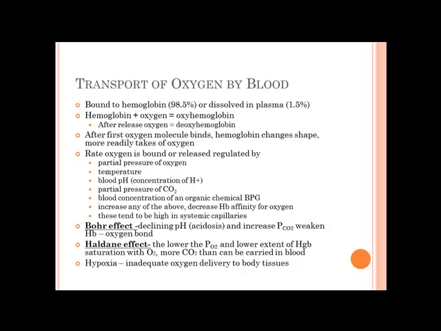It tops out at 4 oxygen. The rate that oxygen will bind to the hemoglobin is going to be dependent on a couple of things: partial pressure of oxygen, the temperature of your blood, the pH of your blood, the partial pressure of carbon dioxide, and a couple other things. But the big ones and the important ones I want you guys to know are these top four here.